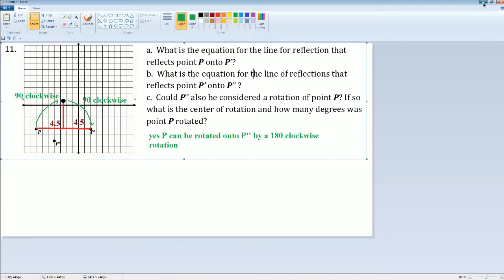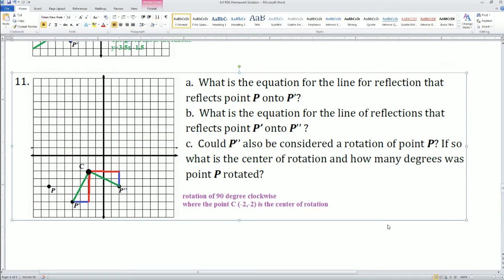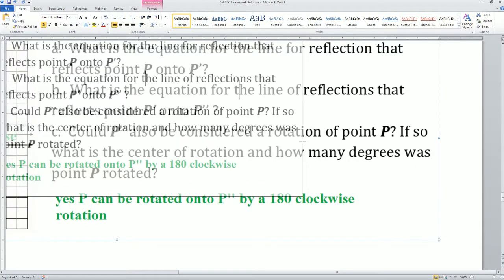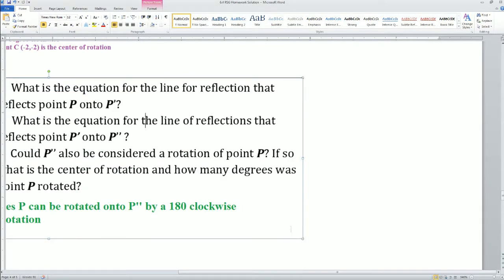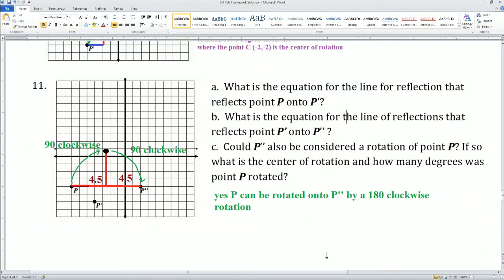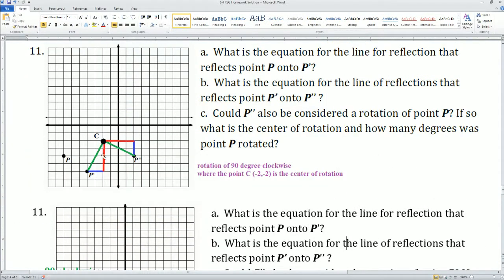I thought looking at it it wouldn't be, but again, make sure you do the problem. Sometimes your intuition can be wrong. Okay, good. And this one I just did, a problem from P prime to P double prime, I could say that was a rotation as well. The center of rotation was right there.